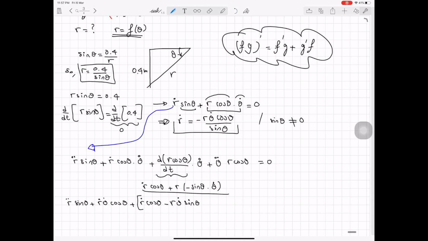Theta dot, plus R theta double dot cosine theta is equal to 0.